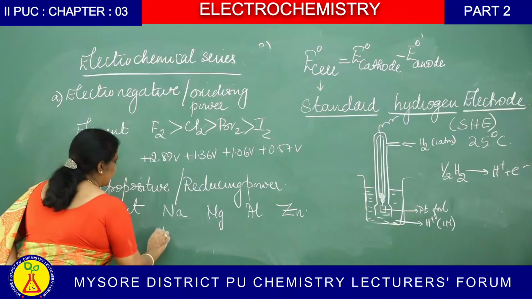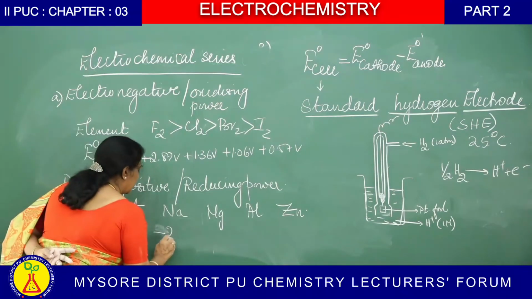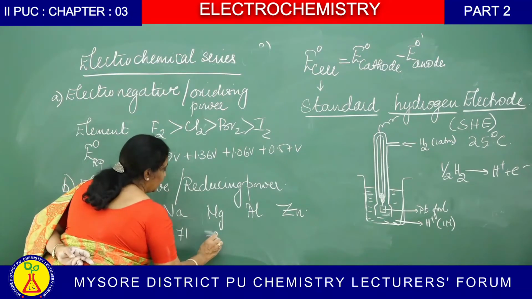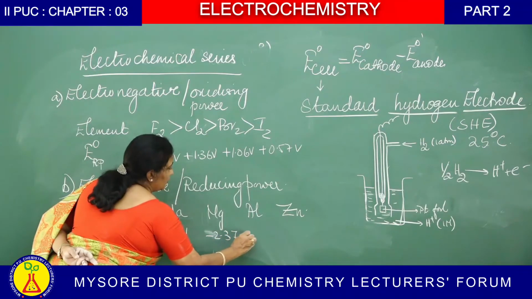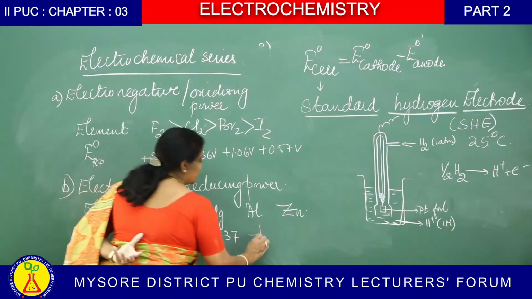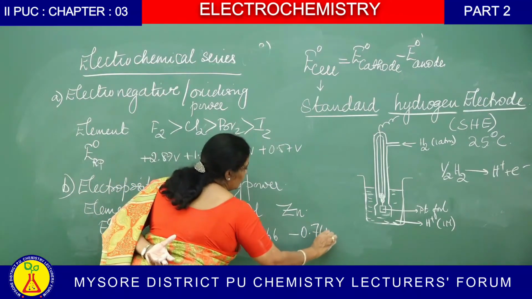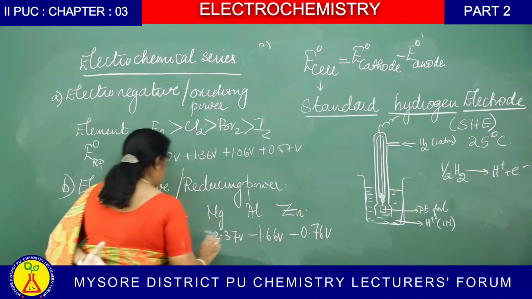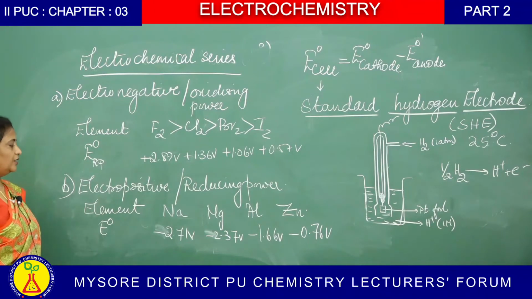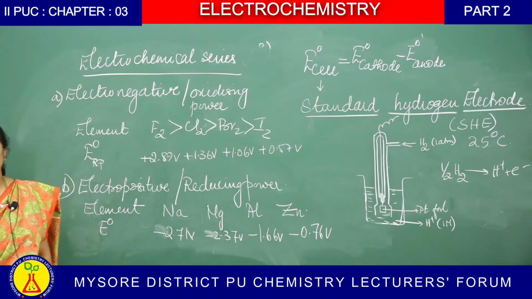For sodium it is minus 2.71, then minus 2.37, minus 1.66, and minus 0.76 volts. Here, you see all of them have negative values.